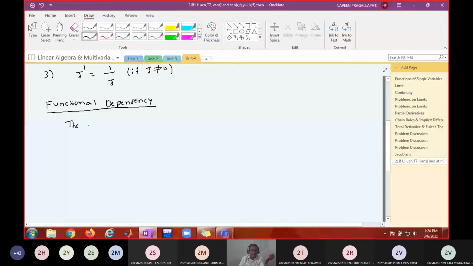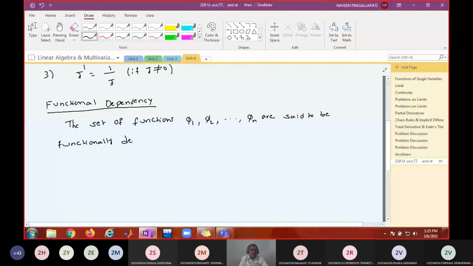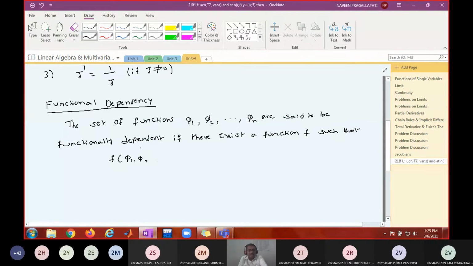Okay, so the set of functions phi 1, phi 2 and so on, phi n are said to be functionally dependent if there exists a function f such that f of phi 1, phi 2 and so on, phi n is equal to 0.